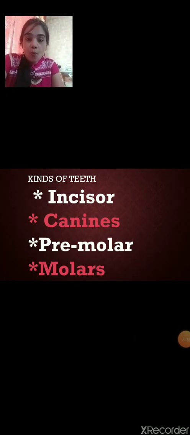So what is an incisor? What do you mean by incisor? Incisors are also called cutting teeth. So incisors are four in each jaw.